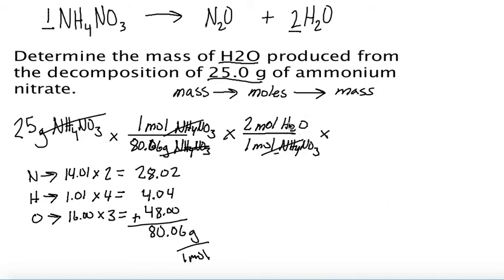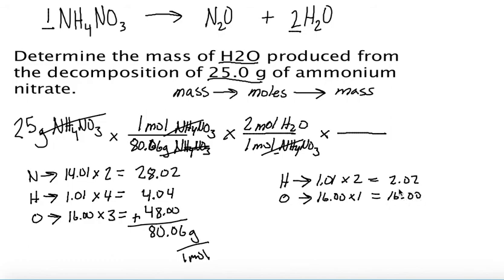And then from moles of water, I can jump into mass of water. So I have to figure out the molar mass of water. Let's see. Hydrogen, 1.01 times 2. Oxygen, there's only 1 oxygen in there, so 16 plus 2.02. 18.02 grams per 1 mole.